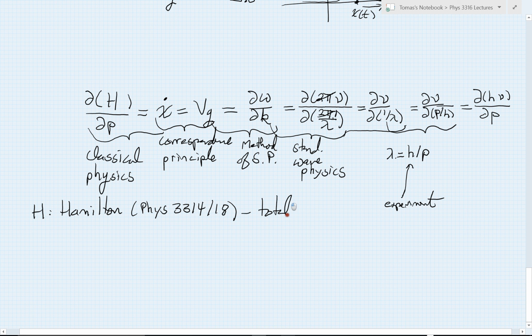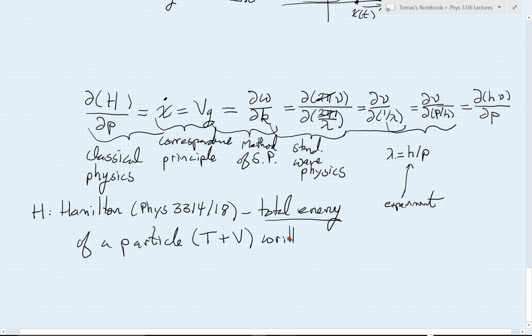And what the Hamiltonian is, literally, is the total energy of a particle. That means, of course, the kinetic energy, which I usually call T, plus the potential energy V. So it's the total energy. But there's a very important stipulation: it is written in terms of the momentum.